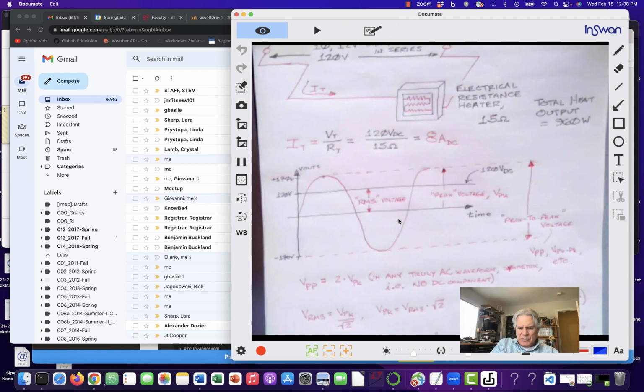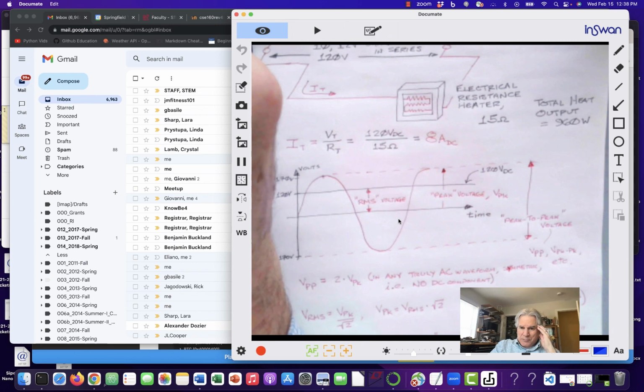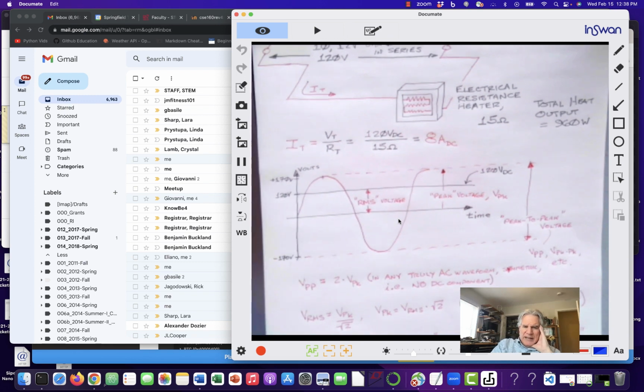You can see this is the peak voltage, and down to minus 170 volts peak to make a 340 volt peak to peak waveform. That waveform, there's a way of characterizing it with something called the root mean square, or RMS voltage, and that voltage is 120 volts.